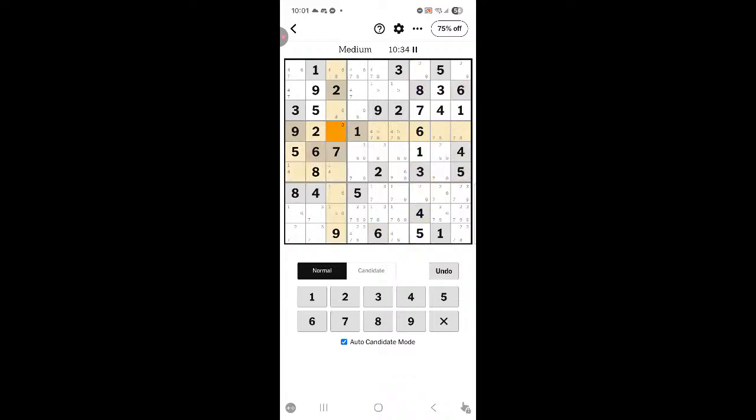The 3. Next is vertical 5, or in box 5 also. Just a relevant complete 5 is done.